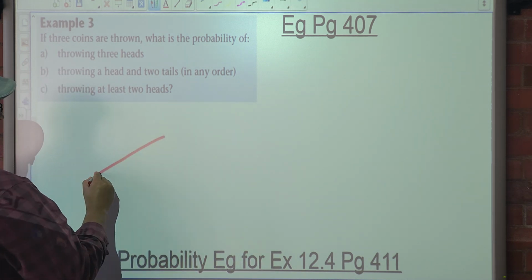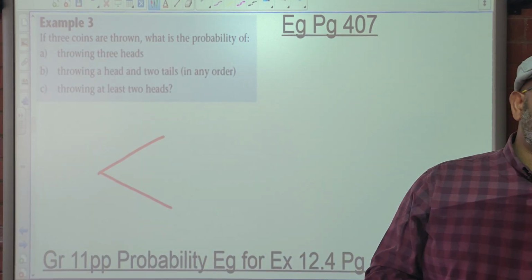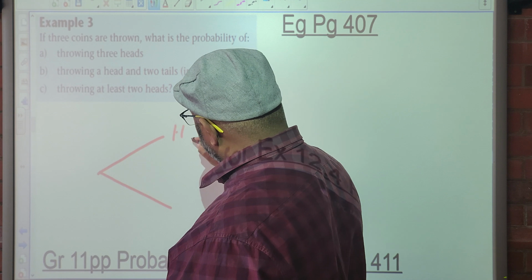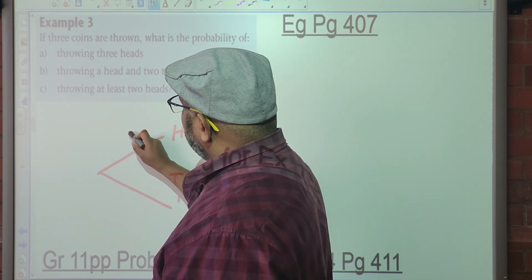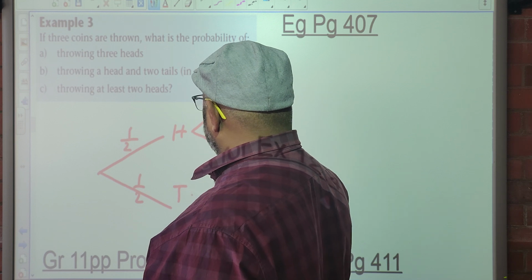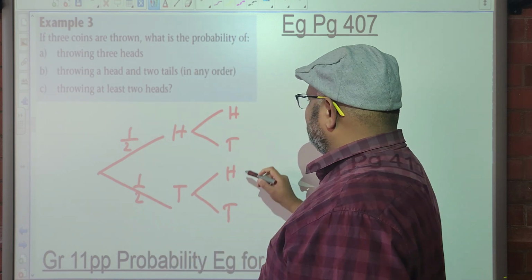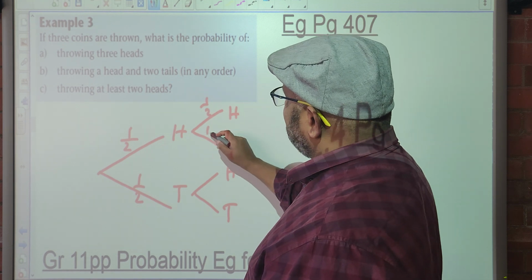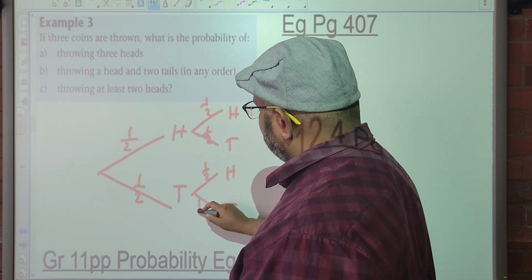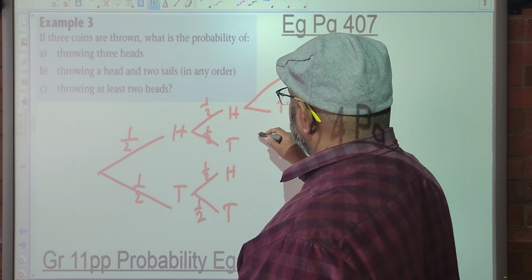So on the first coin, on the first toss, what are the outcomes? Heads, tails. So it's going to be 1 out of 2, 1 out of 2. Second, heads, tails, 1 out of 2, 1 out of 2. Thirdly, heads, tails.